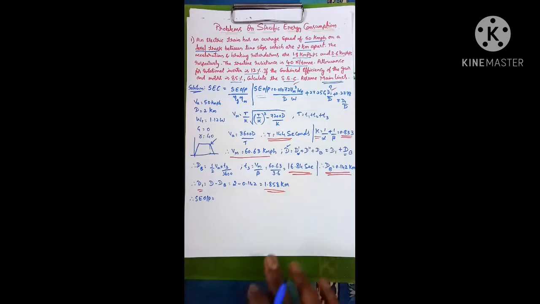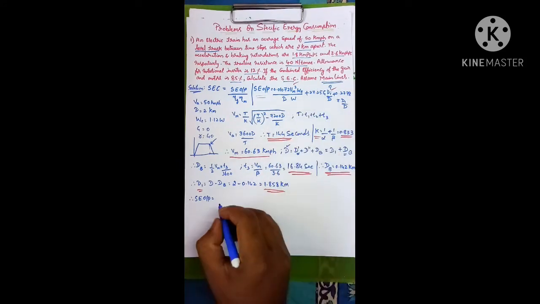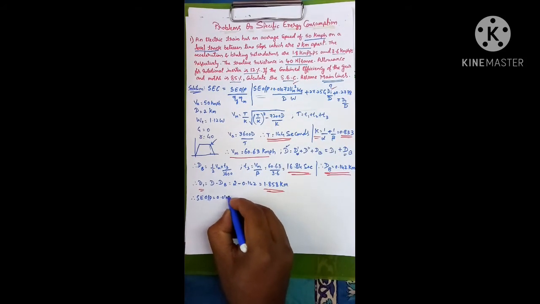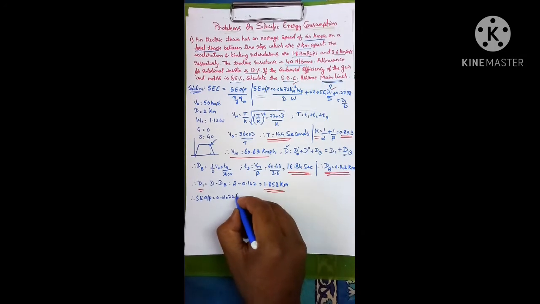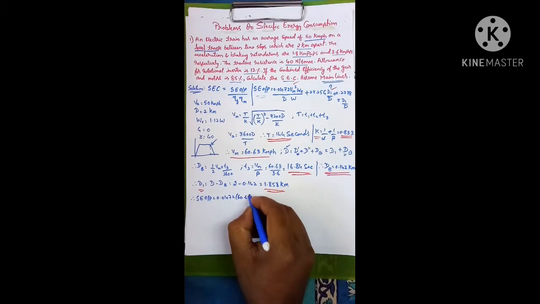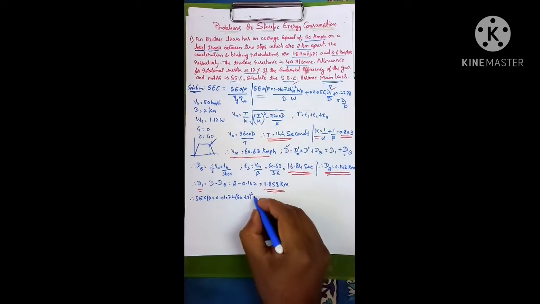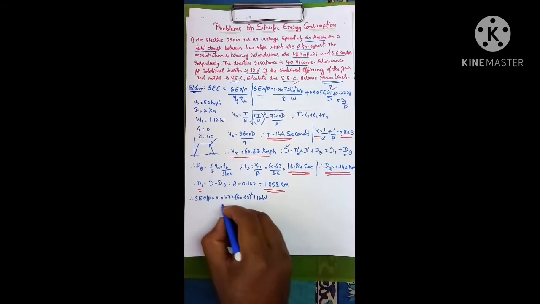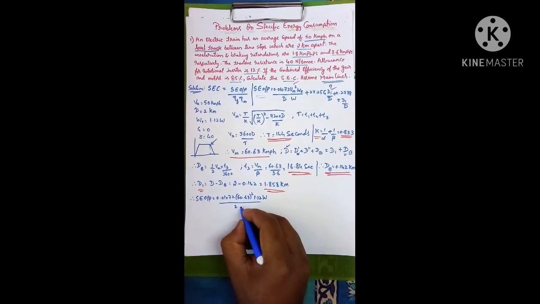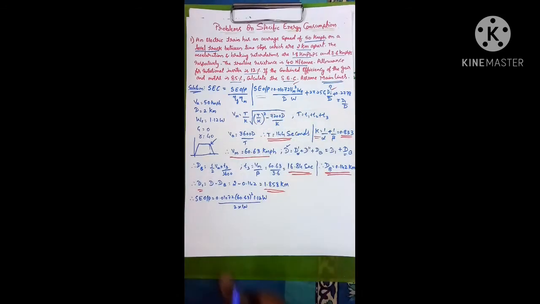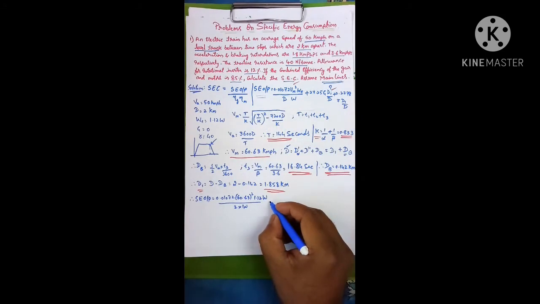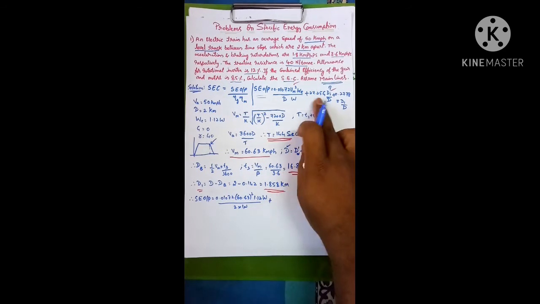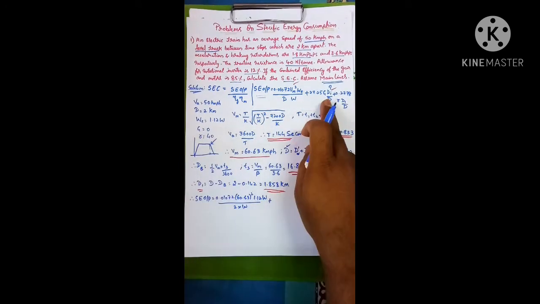So let me write it here, 0.01072 times Vm, 60.63 squared, times We, 1.12 times W, divided by 2 into W, because D is 2, plus this portion. Here gradient is 0, so no need of substituting it.